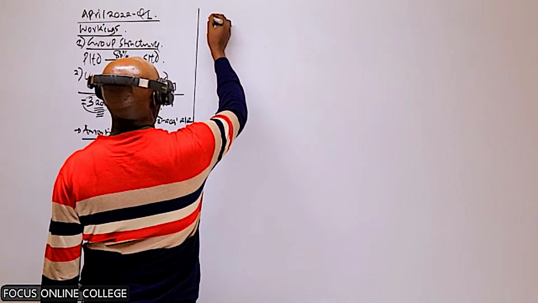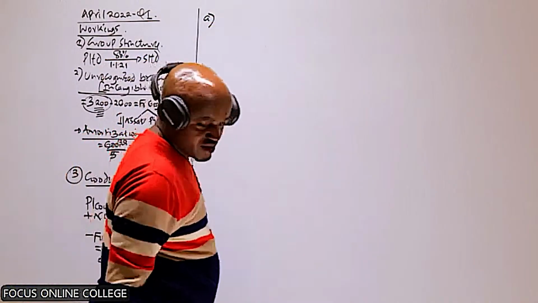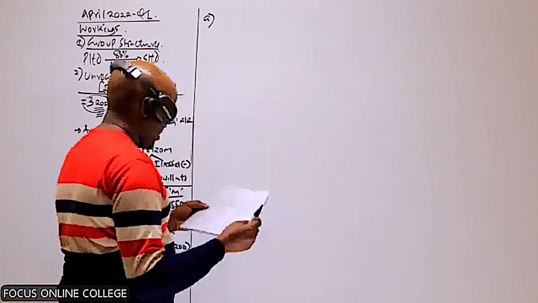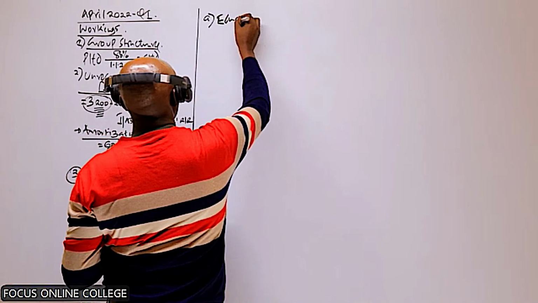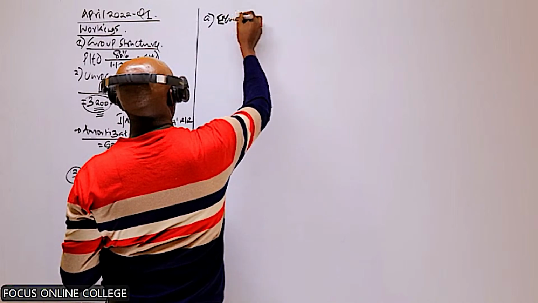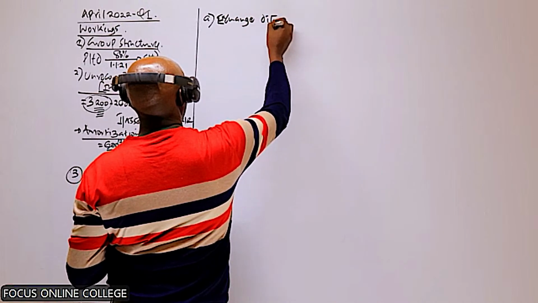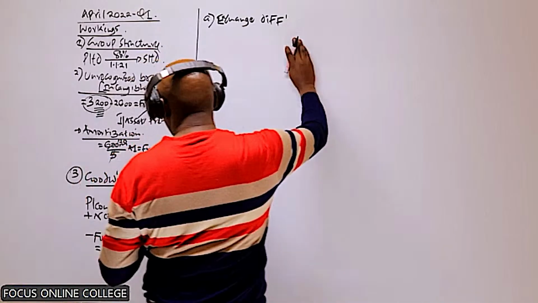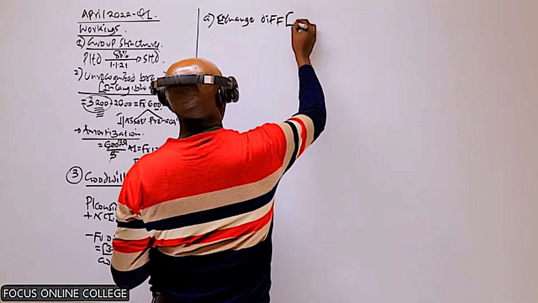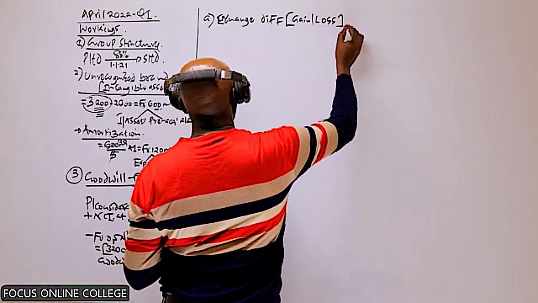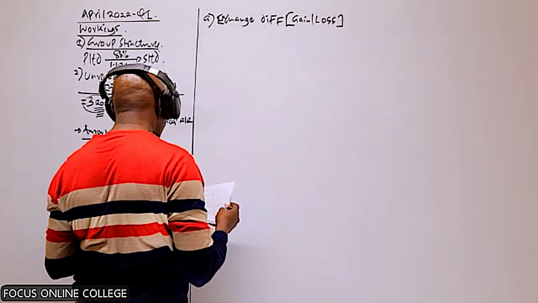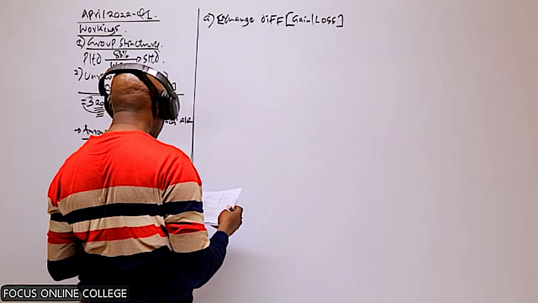In part A, basically we are required to compute the exchange difference, which is basically a gain or a loss, on translation of two items, net asset and goodwill.